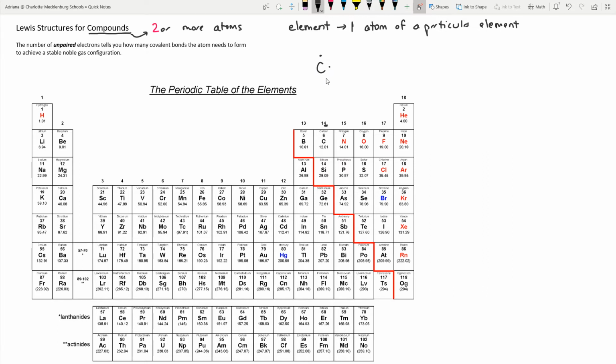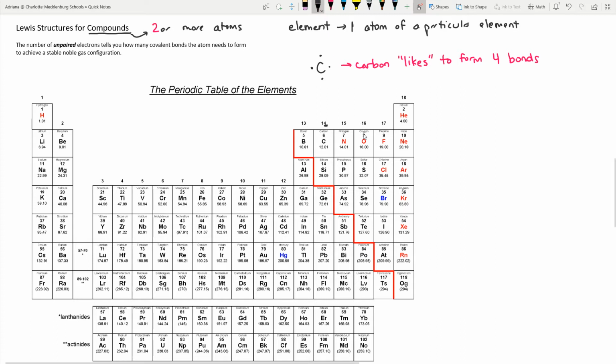So 1, 2, 3, 4. So how many unpaired electrons does carbon have here? It actually has 4. All of them are unpaired. And so carbon, I'm going to put, likes to form. Does carbon have feelings? No. But I'm just going to put carbon likes to form 4 bonds.